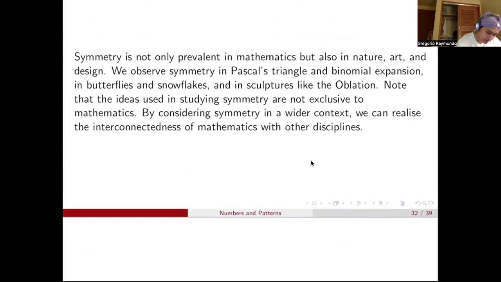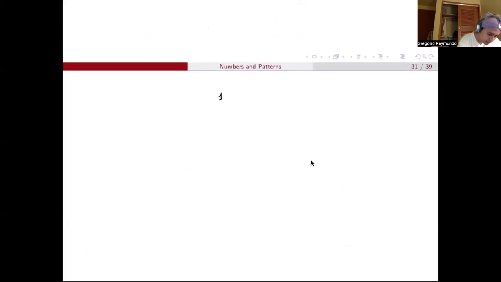So dito, 1, and then followed by 1 and 1, tapos 1, 1, tapos 1 plus 1, 2, and then 1 ulit dito, 1 plus 2, 3, 2 plus 1, 3, and then 1 ulit, 1 plus 3, 4, 3 plus 3, 6, 3 plus 1, 4.